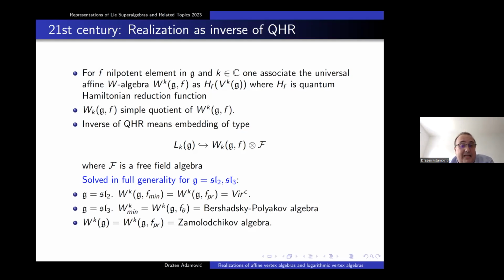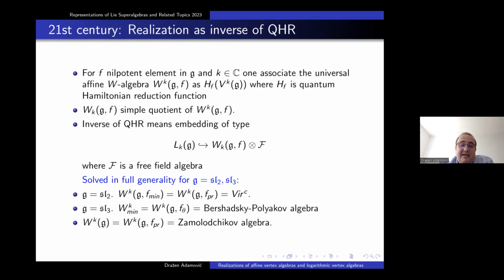In the case of SL3, we have two options for the nilpotent element. We have 3 by 3 matrices. We can choose either the so-called principal nilpotent element, and then we get the so-called Zamolodchikov algebra.